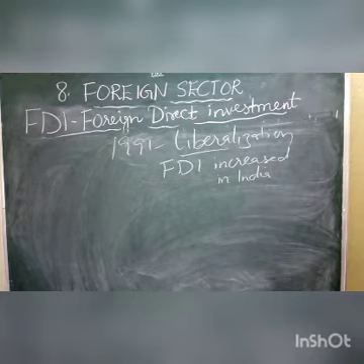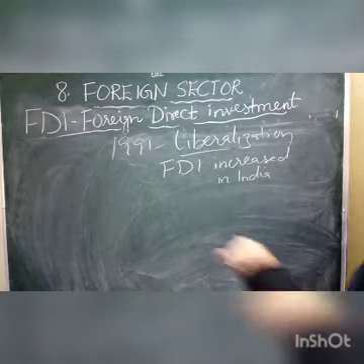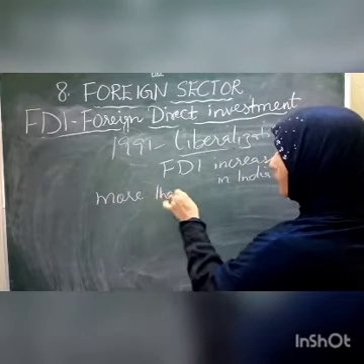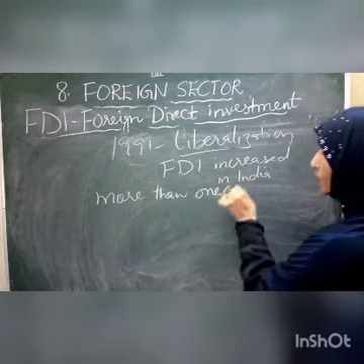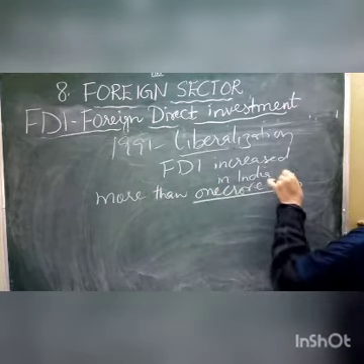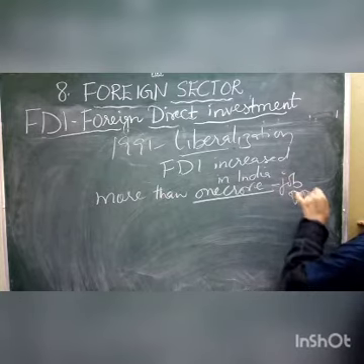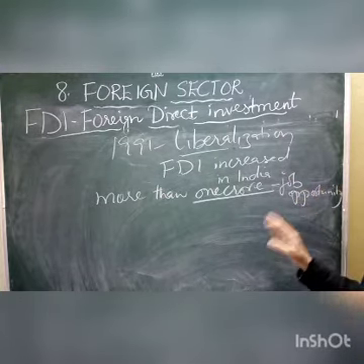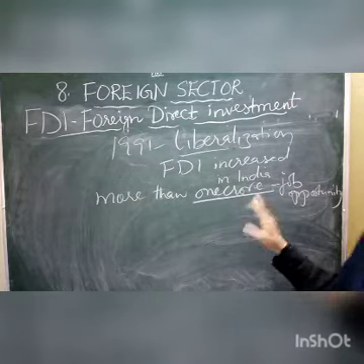So how much did it increase in India? Let us discuss, children. It is mentioned that because of this liberalization policy, more than 1 crore job opportunities were opened for our Indians.